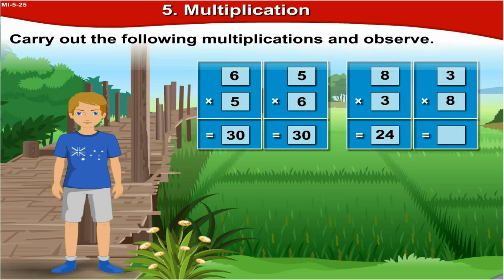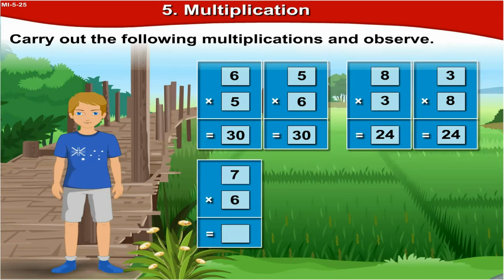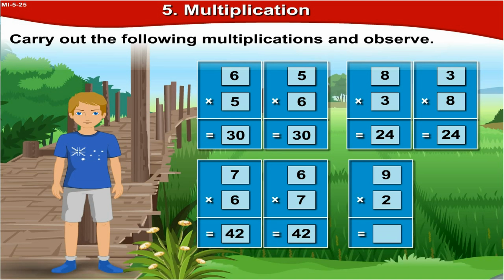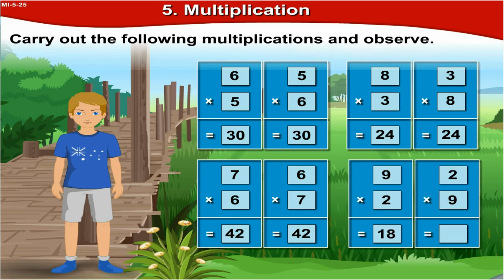You're right again, that is also 24. Now the next sum. 7 multiplied by 6, yes, is 42. And 6 multiplied by 7, that's correct, is 42 as well. 9 multiplied by 2 is 18. And 2 multiplied by 9, yes, is 18 as well.